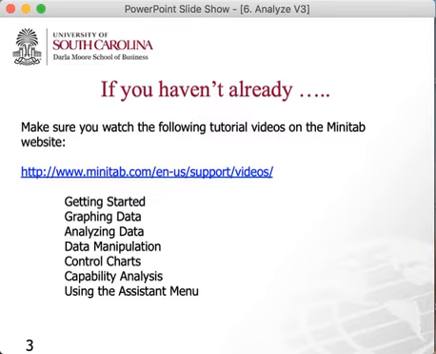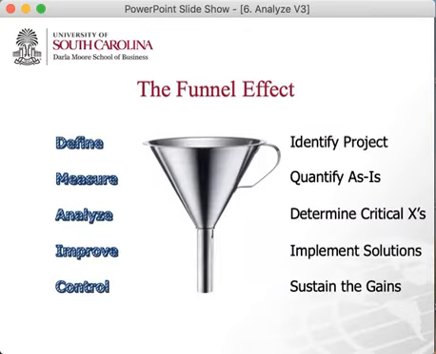So analyze is all about understanding the critical Xs, right? Think of it as a funnel of possibilities. You define the problem, and you define your Y variable, and then in measure you understand the process from beginning to end, with a lot of details, and understand the performance, what people are doing, what software they're using, what the steps are, and all that.